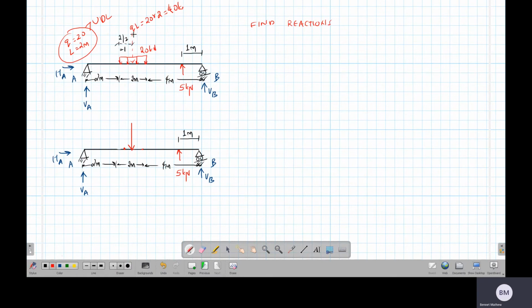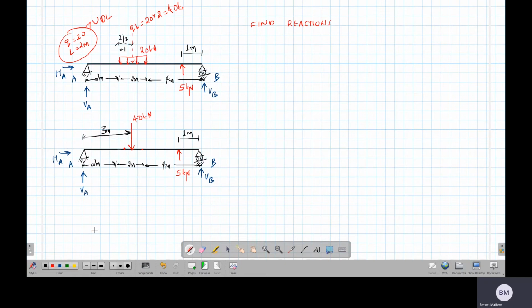The value of the load is Q into L, that is 40. Okay, and this distance is 1 meter. So I will draw from here 1 meter, this is 2 meter, so that will be 3 meters. So this will be 3 meters, and all other values we know.